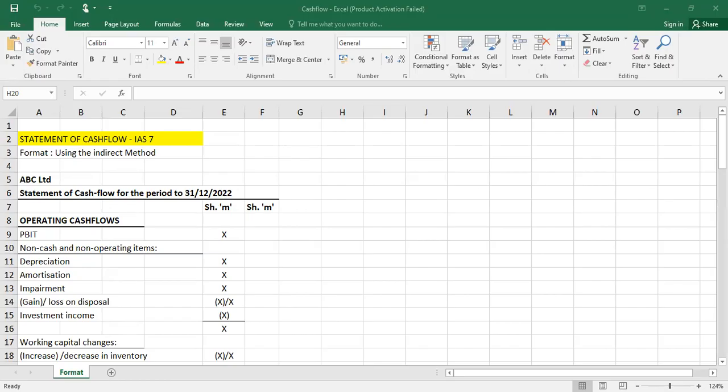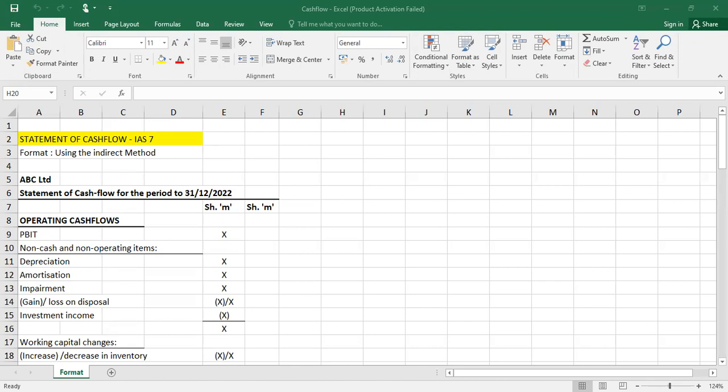Rather, the business data analytics concern is whether, given information about an entity, you are able to prepare one, yeah? And so what I've done is to share with you a format for the statement.